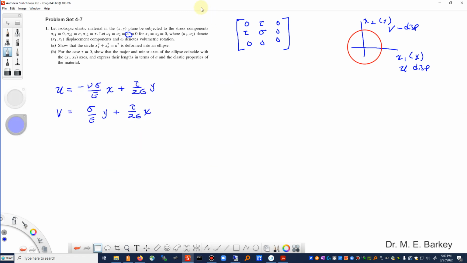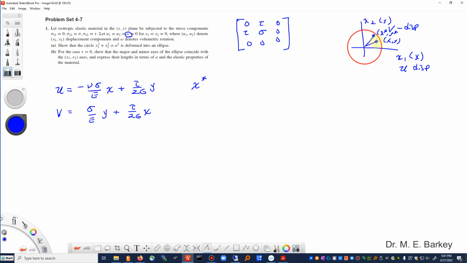All right, when we have displacements, the new position may be the new position of a point x star. So maybe we were here at a point x, y, and now it's over here somewhere at a point x star and y star. Maybe it's further to the right and further up.